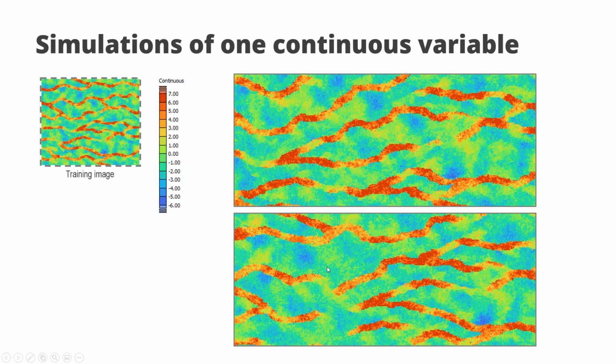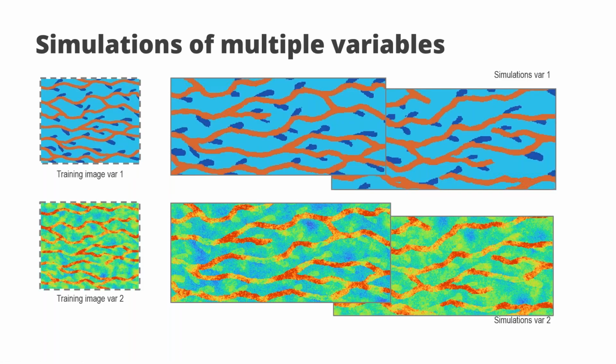We can mix different types of variable. So in this case, for example, we mixed the categorical information with the continuous variable. And like that, we can obtain different simulations for the categorical information and for the continuous information.